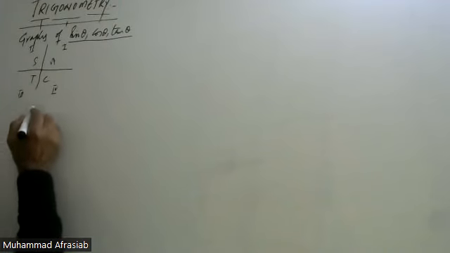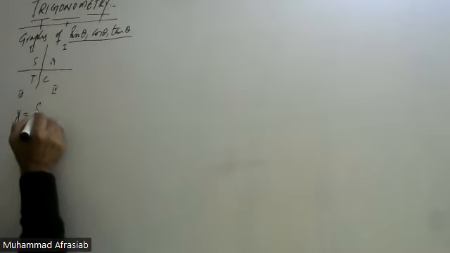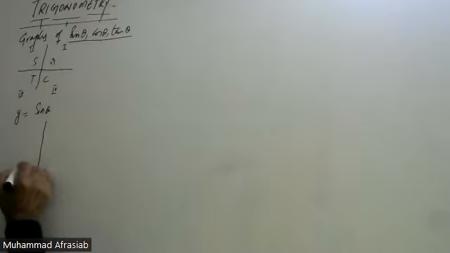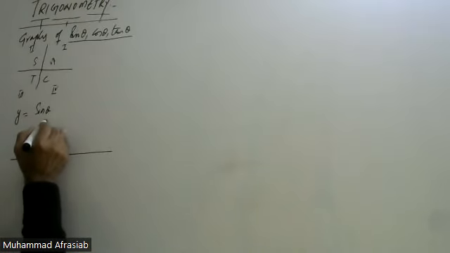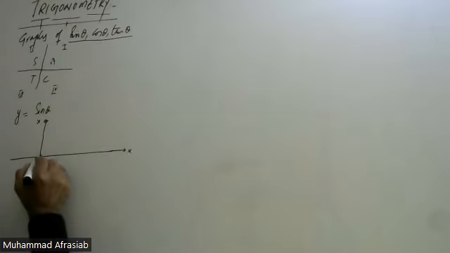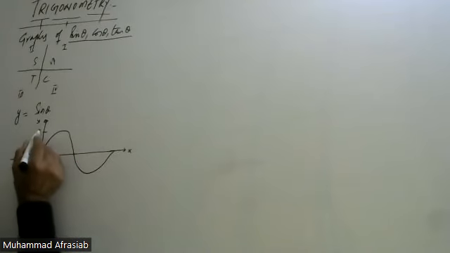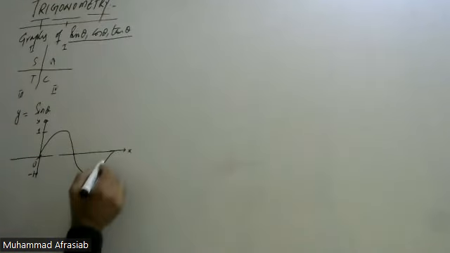Now, with respect to this, we draw the graph of y equal to sine of theta. This is y, and this one is the x-axis. The graph will start from the zero value and go up till 1, and here it is -1.